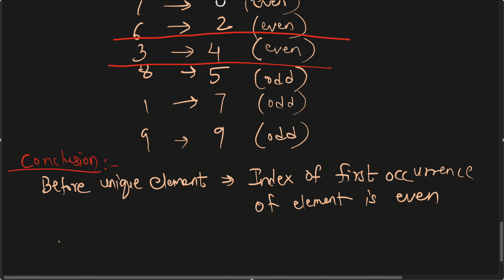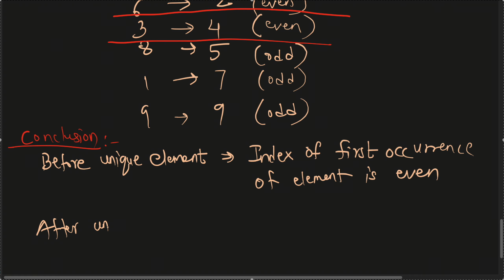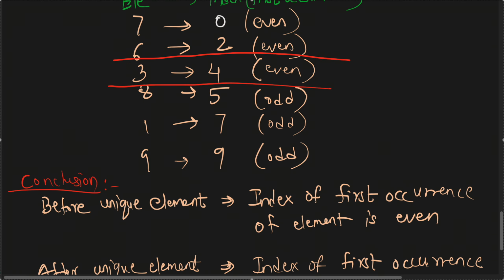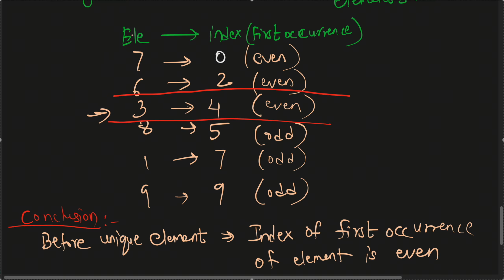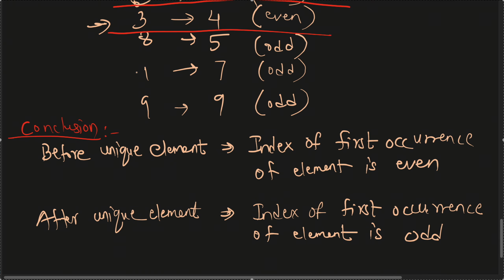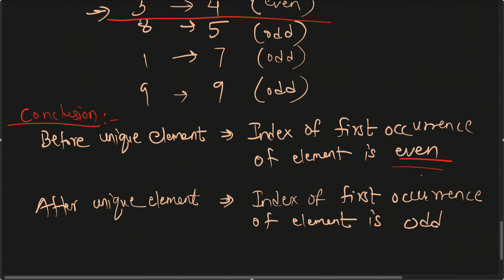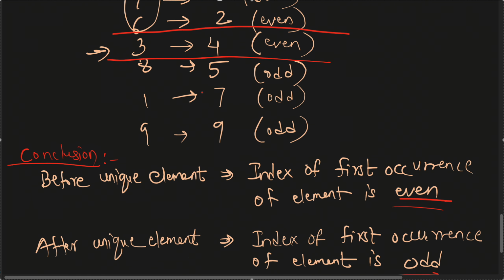But after the unique element, the index of the first occurrence of an element which is present in the array is odd, right? So before the unique element, here 3 is the unique element, all the previous elements have an even first occurrence, and after we get the unique element, all the next elements' occurrence is odd, right? So this conclusion we can derive from this example, right?